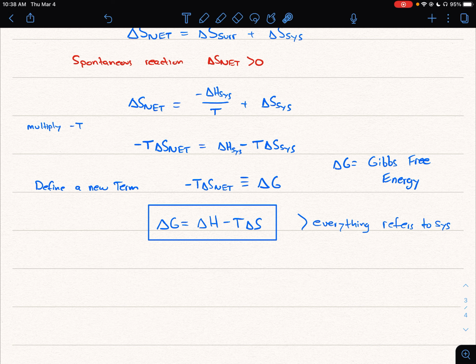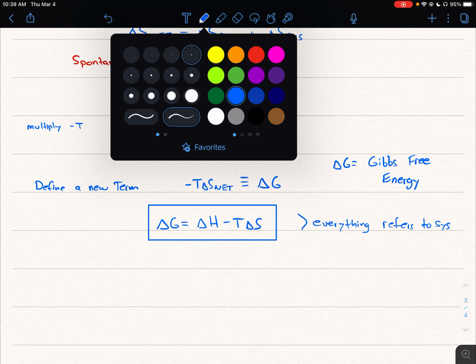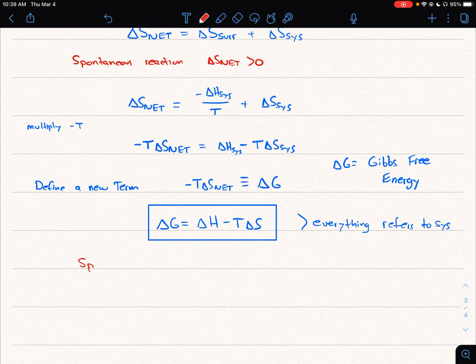But if you think about our equation for delta G, if delta S net is greater than 0, we're going to multiply that by negative T. And so our reaction is spontaneous when delta G is less than 0, and that's because we have this negative sign here. So if delta G is less than 0, that means delta S net is greater than 0.